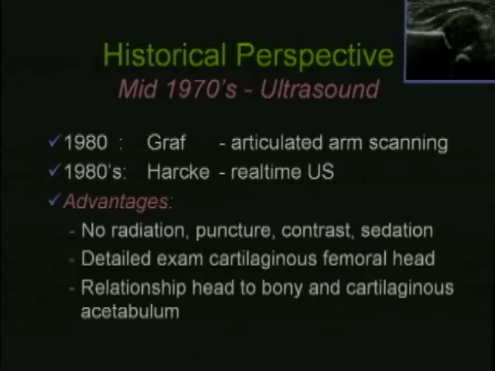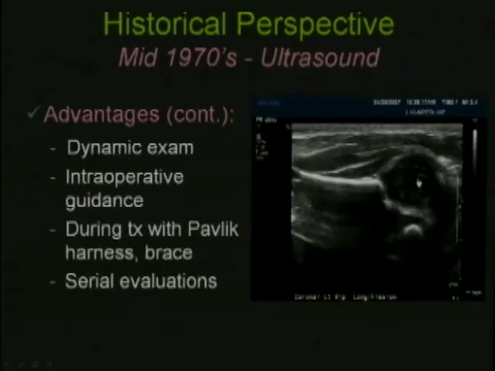Harkey at DuPont Institute showed how we can use ultrasound of the hip during real-time observation without radiation, without puncturing the hip joint, no contrast, no sedation, and with this technique we could see a detailed evaluation of the cartilaginous femoral head and demonstrate the relationship of the head to the bony as well as the cartilaginous acetabulum.